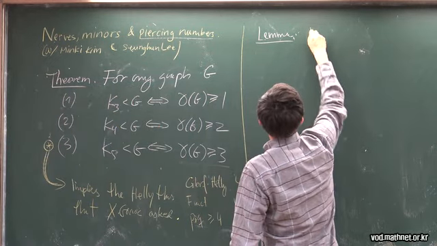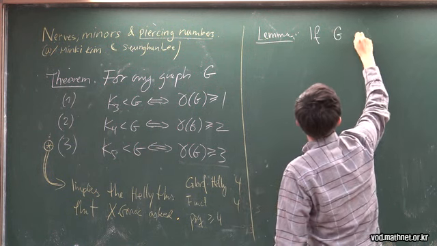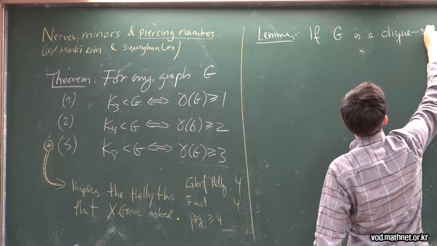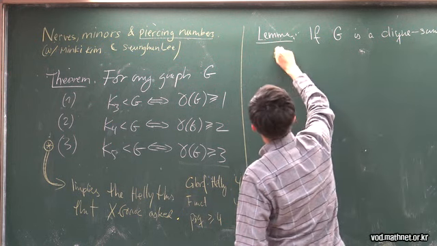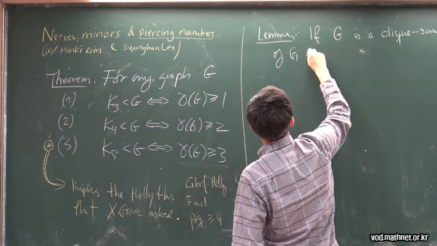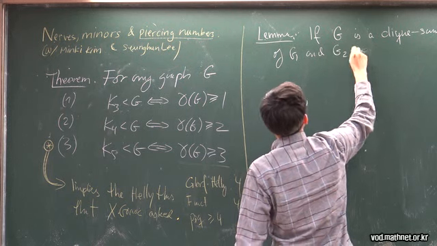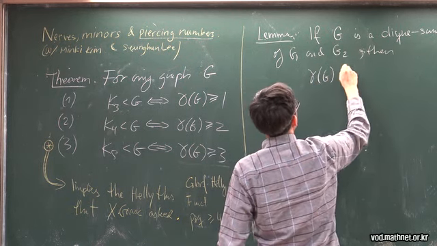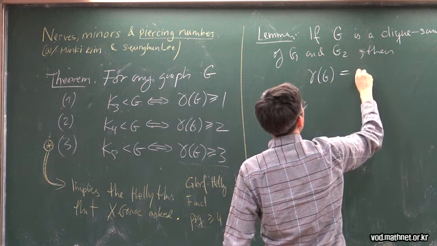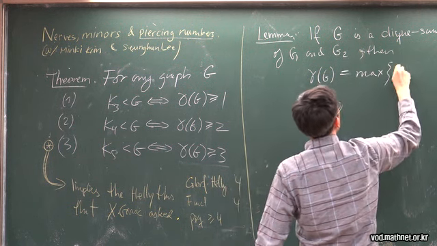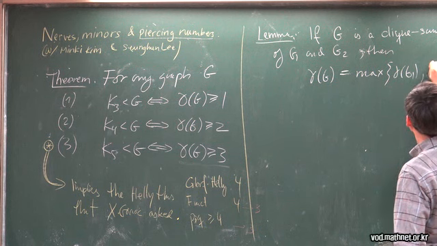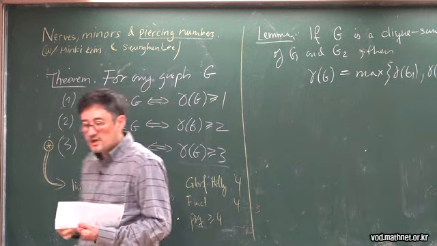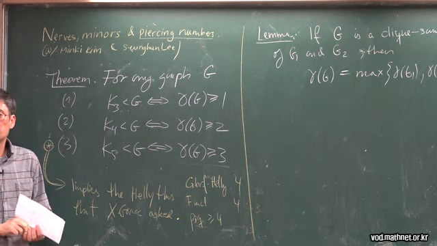If G is a clique sum of G1 and G2, then gamma of G equals the maximum of gamma G1 and gamma G2. So there's another nice property of this invariant.